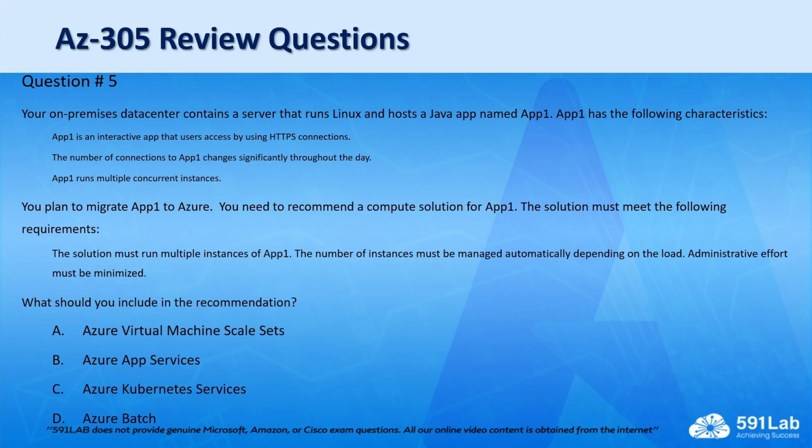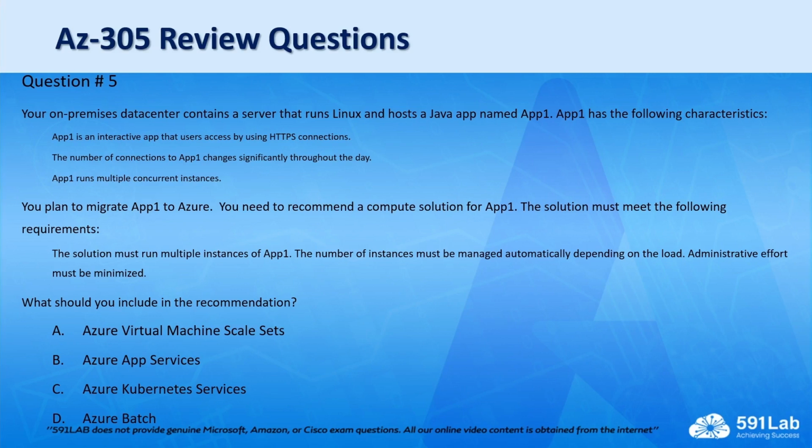This means when the load or the user traffic increases, the number of instances should automatically increase, which means it is talking about the scale out option. And the administrative effort must be minimized, which means it does not want to do OS upgrades or platform upgrades, something like that. So which option are you going to recommend?